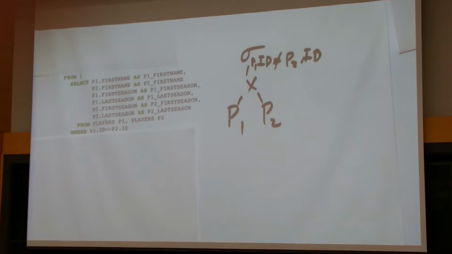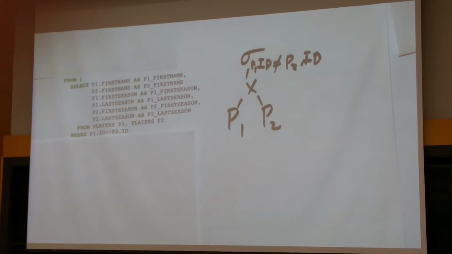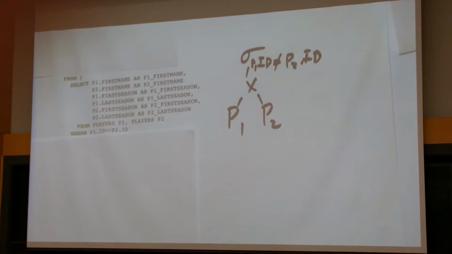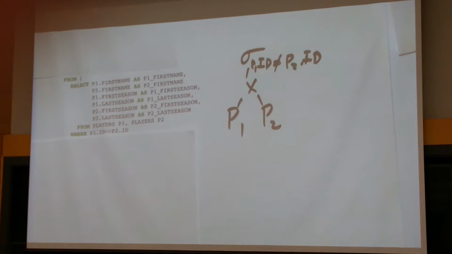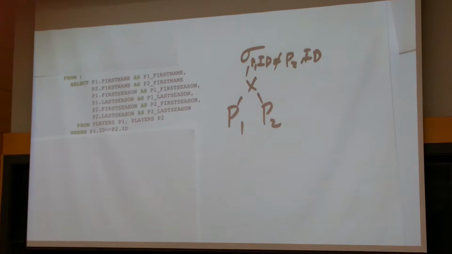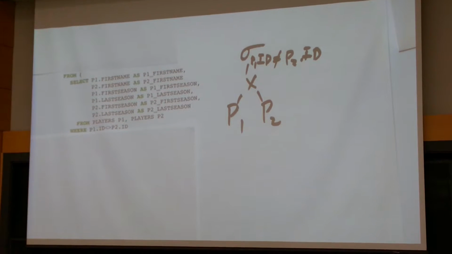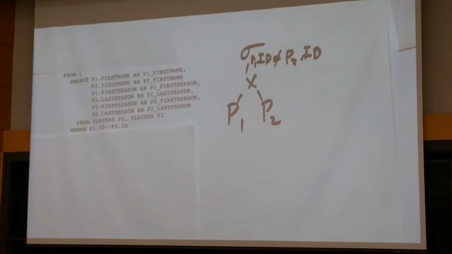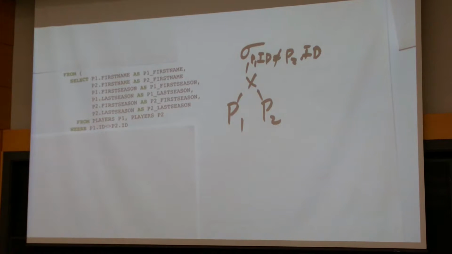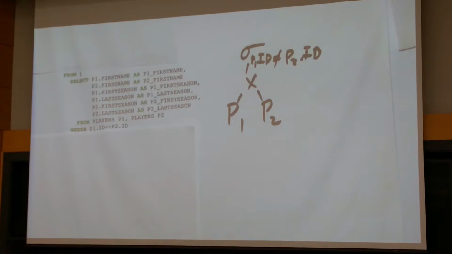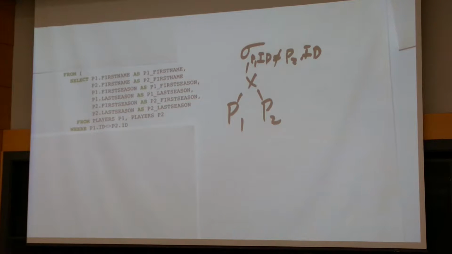Question? Yeah, so greater than, less than, or sorry, less than, greater than is another way to write not equals. Many will nowadays allow you to use bang equals, but we'll not worry about that. Yeah, question?